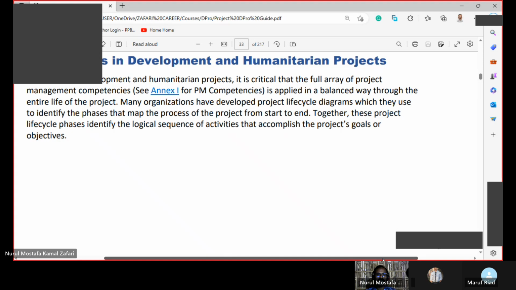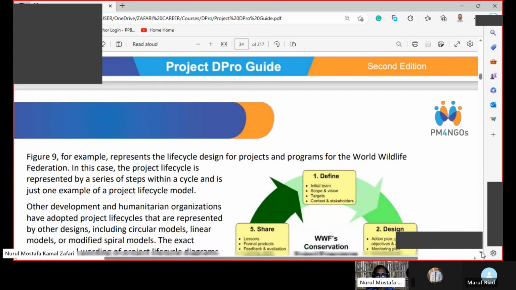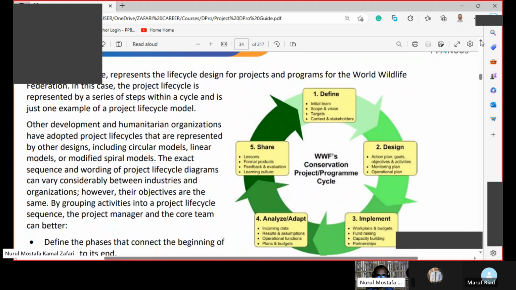But the PMDPro guide has devised these project phases in the development and humanitarian sector in 5 major phases. The phases are defining, designing, implementing, analyzing or adapting, and sharing.